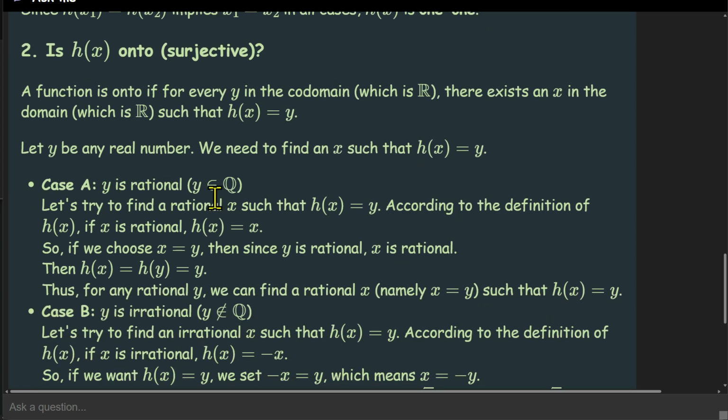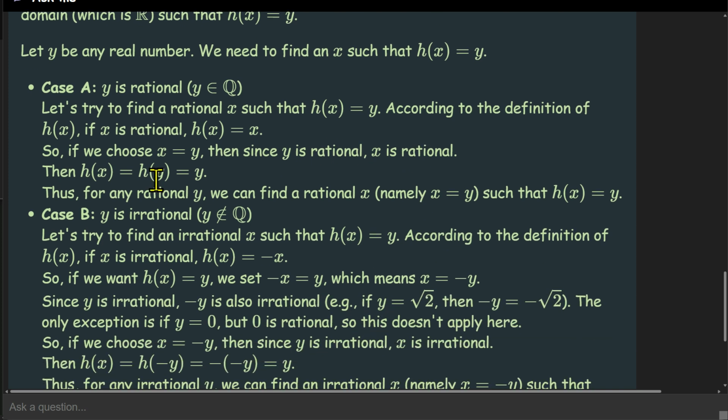Case 1: y is rational. We try to find x such that h of x equal to y according to the definition of h of x. If x is rational, h of x equal to x. So if we choose x equal to y, then since y is rational, x is rational. So h of x equals h of y equals y. For any rational y, we can find rational x such that h of x equal to y.